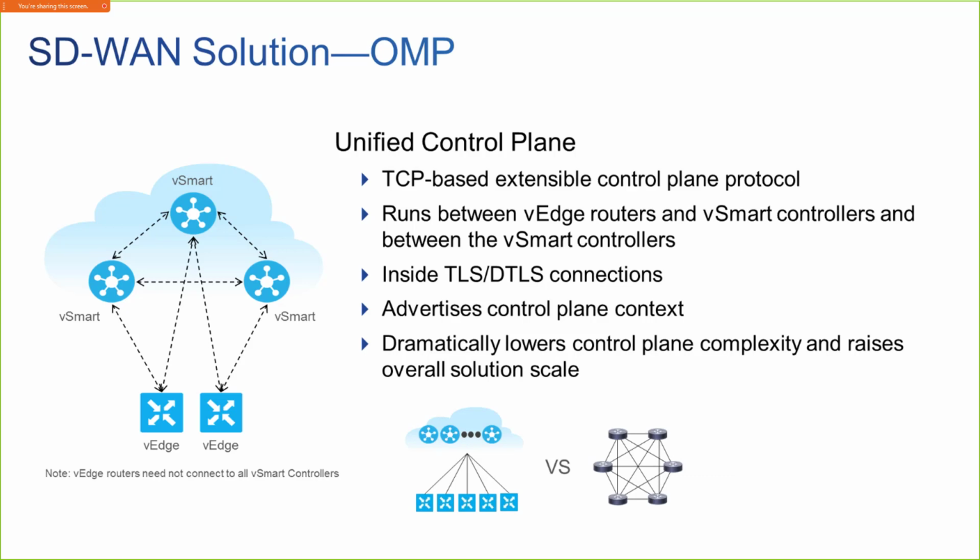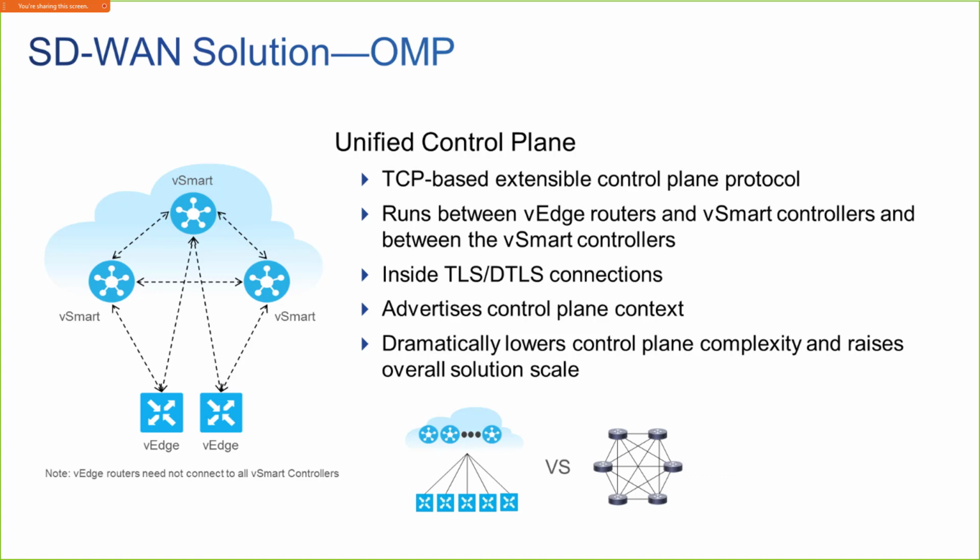It advertises all the control plane information between the vEdge routers to allow direct IPsec communication between the vEdge routers without relying on some sort of Internet Key Exchange. It allows the exchange of full reachability information without reliance on traditional routing protocols like OSPF or BGP over those IPsec tunnels, and it allows data and application-aware routing policies to apply that enforcement, if you will, to the vEdge routers.